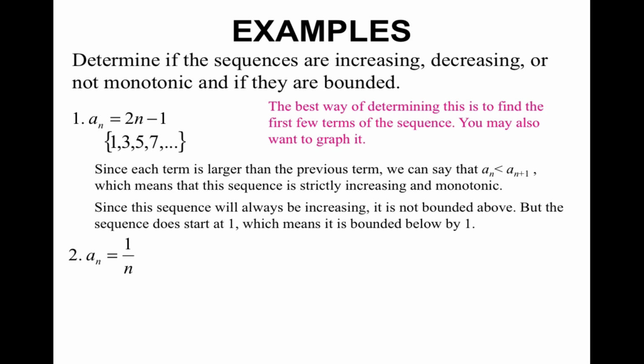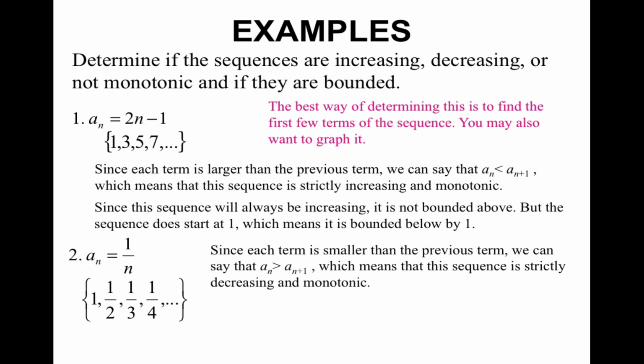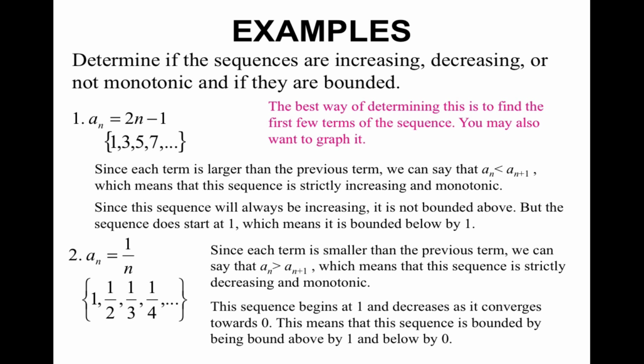All right, so now let's say we look at a sub n equals 1 over n. If I was to expand this sequence out, I would get 1, 1/2, 1/3, and so on. Since each term is smaller than the previous term, we can say that a sub n is greater than a sub n plus 1, which means that this sequence is strictly decreasing and monotonic.